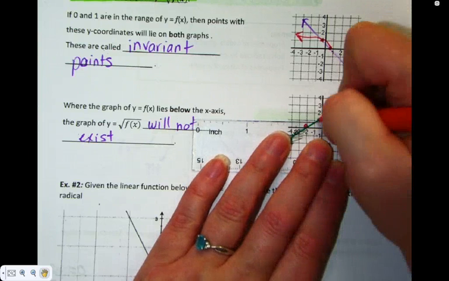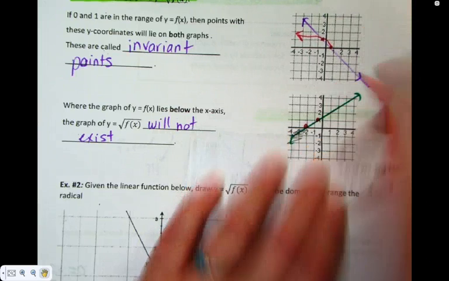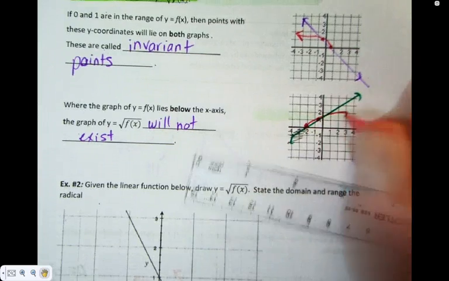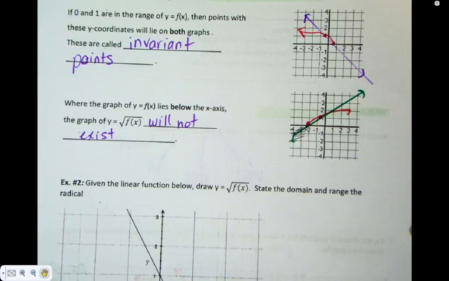Wherever the graph crosses, put a dot. Swoop to the left or swoop to the right? How do you know? Because it's going up. Bam, done. There's our radical graph. Is that not just a little bit awesome? Just a little bit.